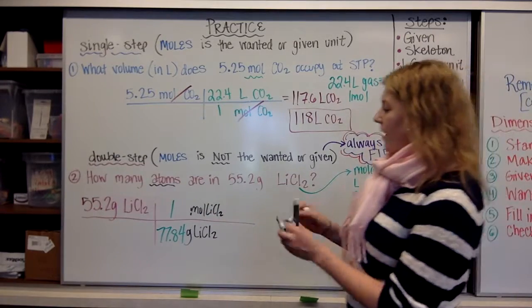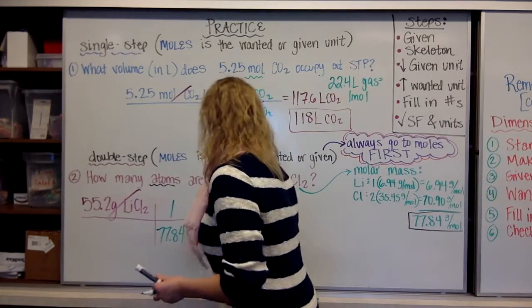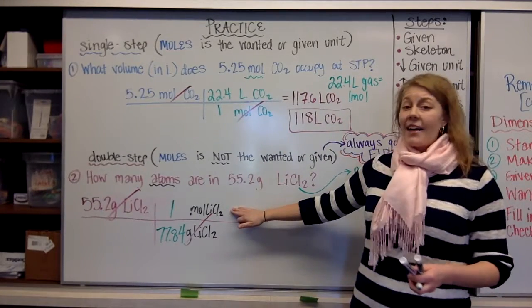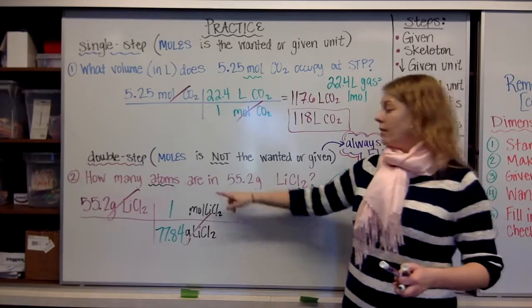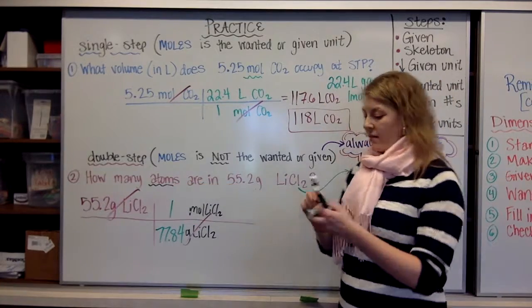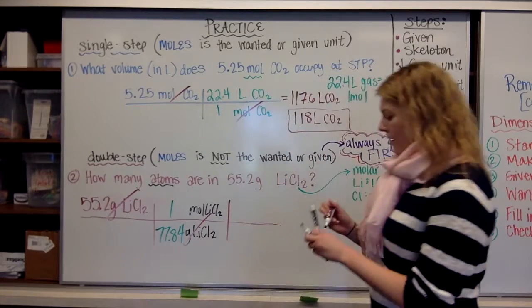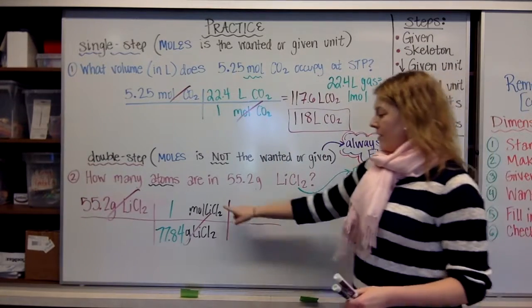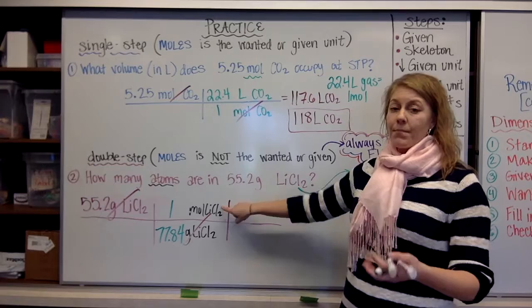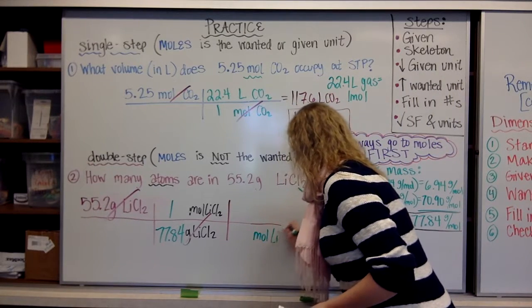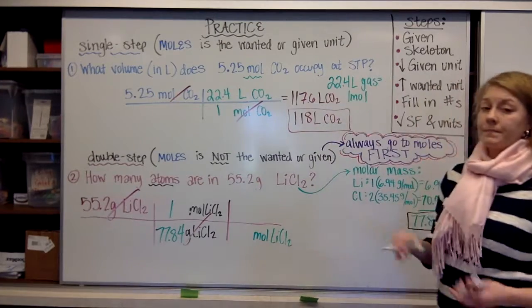Now, what unit crosses off? I have grams on top and grams on bottom. Now I'm left with moles. Is that my final unit that I want? No, I want atoms. So we're going to take this 1 step further, okay? Repeat the steps. Now, what unit do I have on top? Moles of LiCl2. So, moles of LiCl2 have to go on bottom.